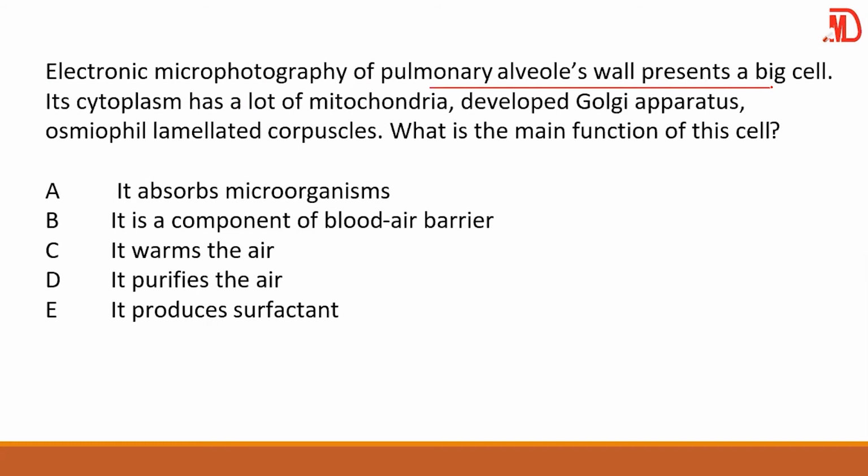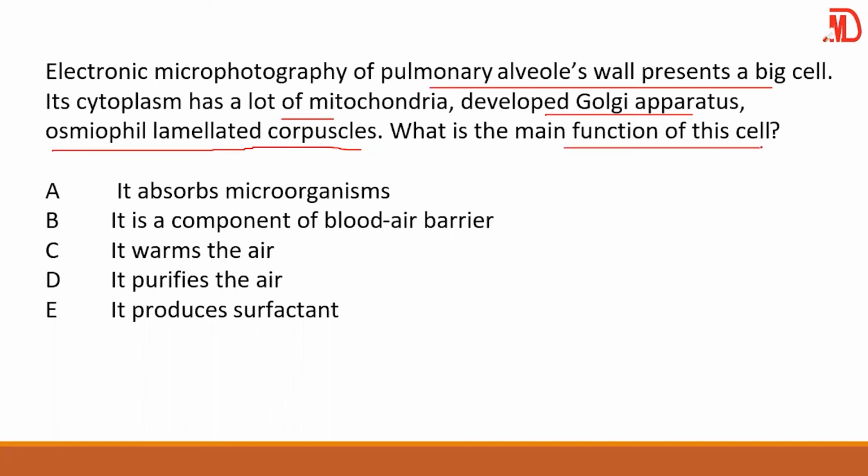Type 1 helps in the exchange of gases, and type 2 helps in the cell wall of the alveoli. But in both of them, we call them surfactant. And they are saying that in the alveolar wall there is a big cell. Its cytoplasm has mitochondria, developed Golgi apparatus, osmiophilic lamellated corpuscles.